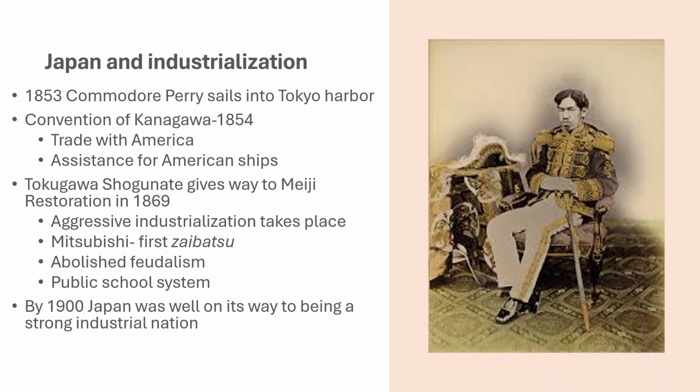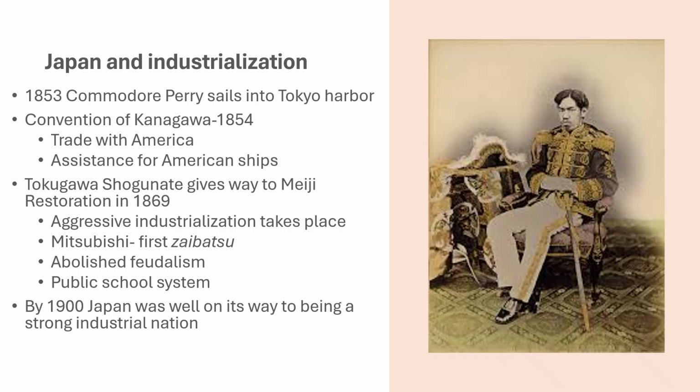And then finally, they adopt a public school system where people are obligated to go and get educated. Children are educated, and this is laying the foundation for an educated working class in Japan.